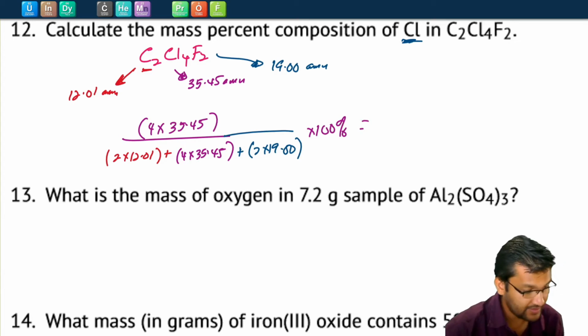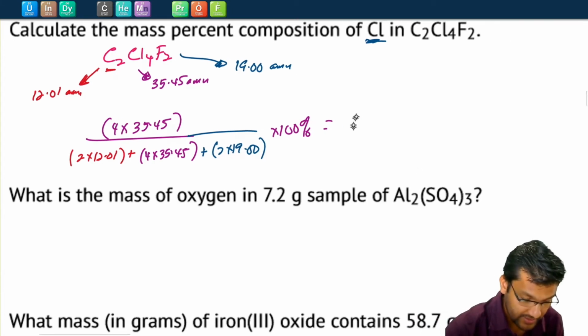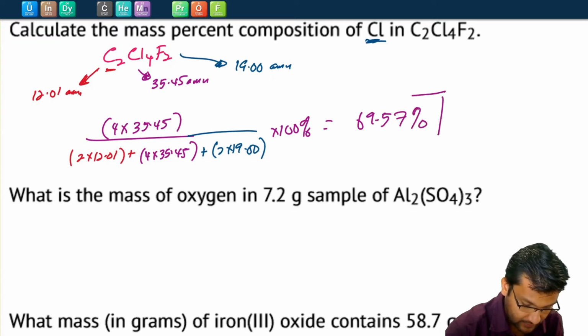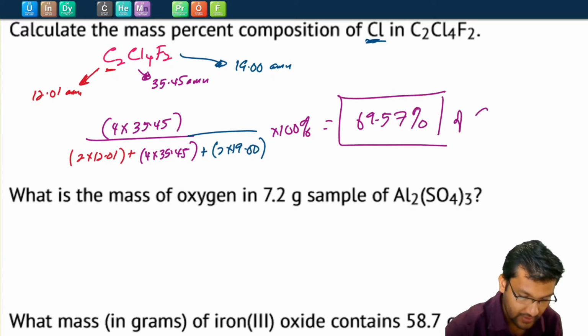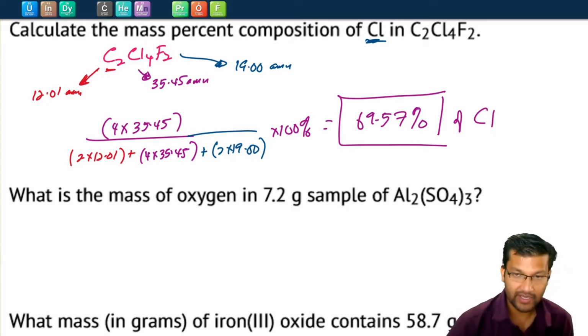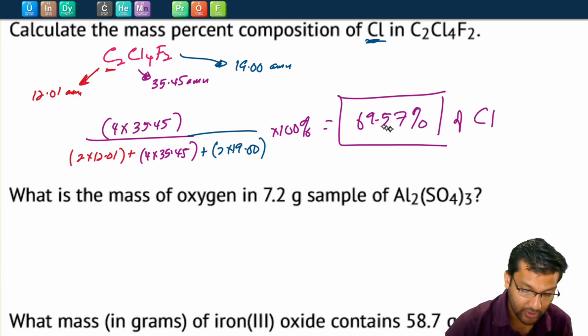And so for the percent here, we come up with something like 69.57% of chlorine. So if you were to separate this compound into its various elements and weigh each of the elements, 69.57% of all the mass would be chlorine.